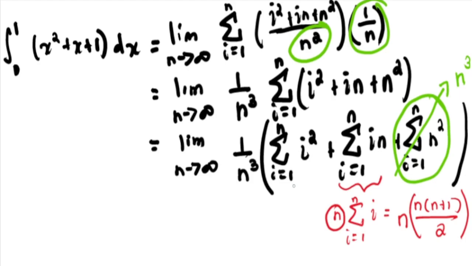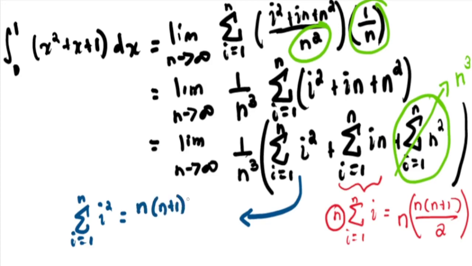And last, this part here, if we recall the sum of the first n squares, this is actually equal to n times n plus 1 times 2n plus 1 over 6.